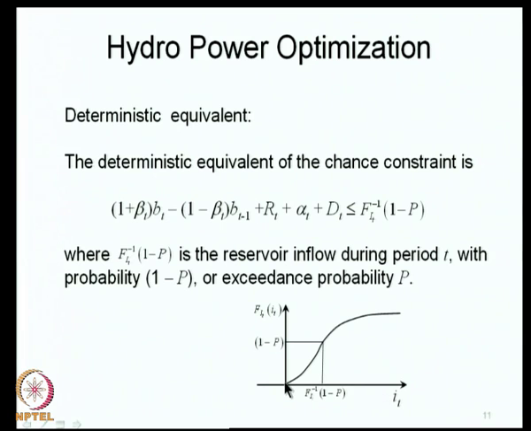So, we are showing here the CDF of I t, CDF of the variable I t. For any given value of I t, the corresponding value is F I t of I t. This capital I t refers to the variable I t, and this small i t refers to the particular value of I t.